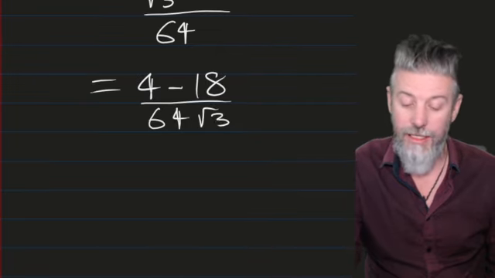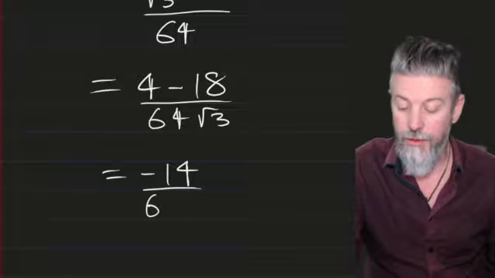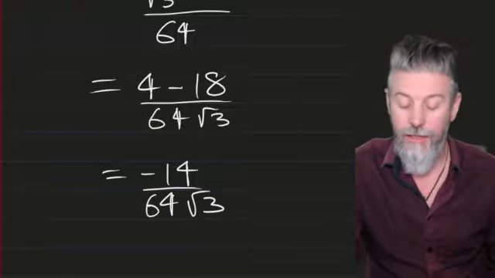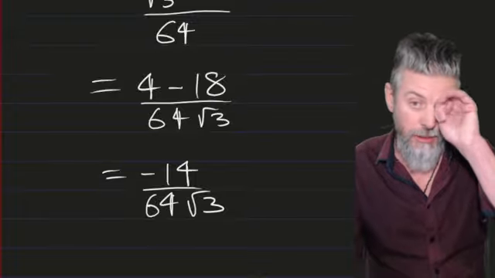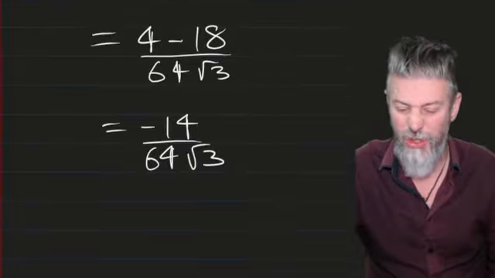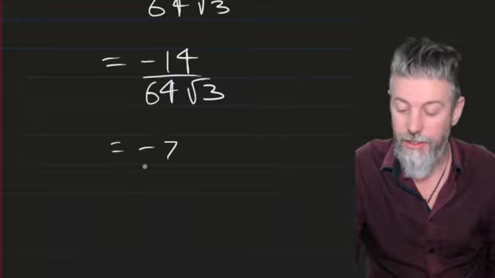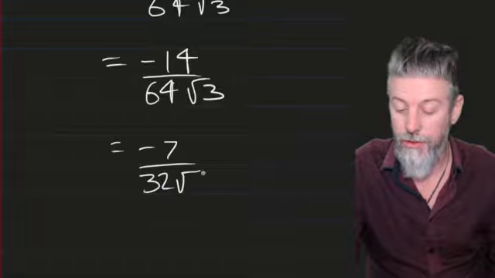And then 4 minus 18 is negative 14 over 64 root 3. And then we're just going to look for the largest number that's going to go into 14 and 64, which I think is just 2, because then we get down to the prime number 7. So negative 7 over 32 root 3.